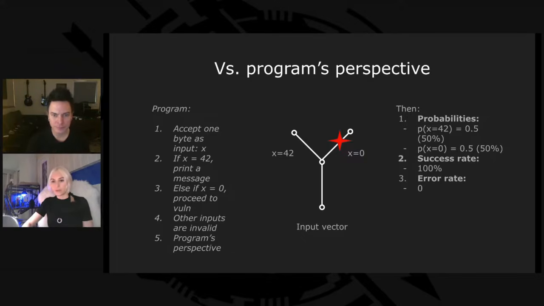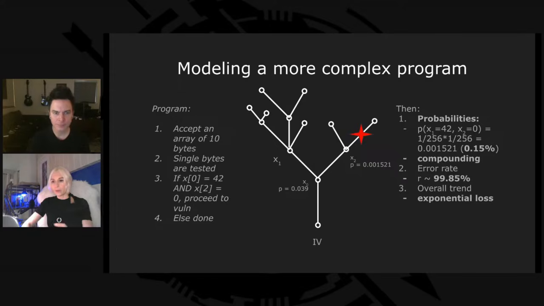Now, this was a very simple picture, and now I'm going to extrapolate it to a more complex example. What happens when our program keeps branching on? What happens with all those probabilities and error rates? The general rule here is that probabilities will compound, and basically the probability of discovering each following branch will be lower and lower and lower.